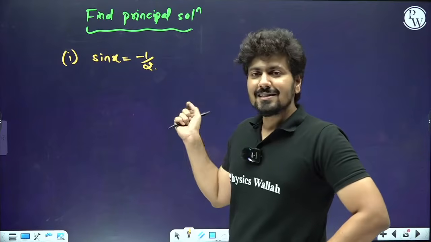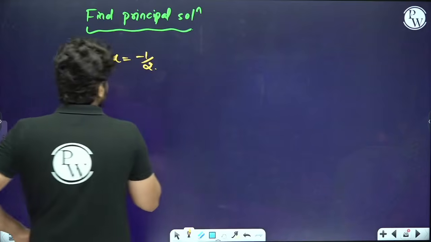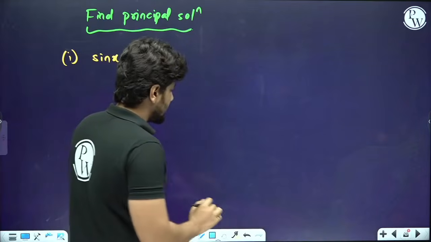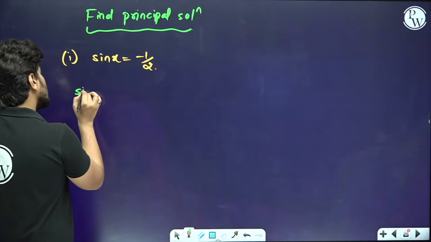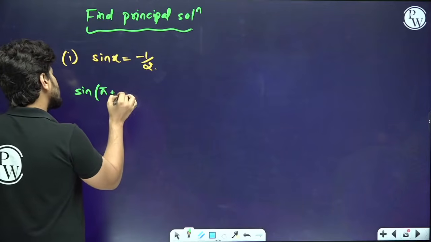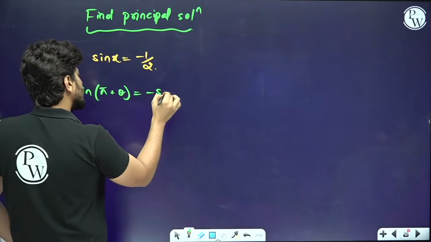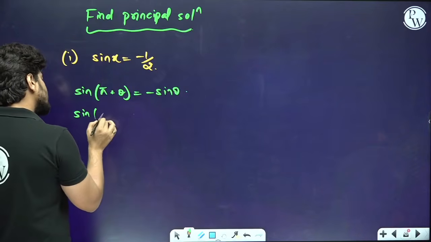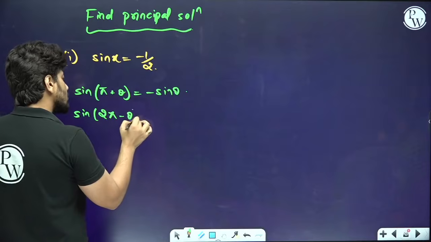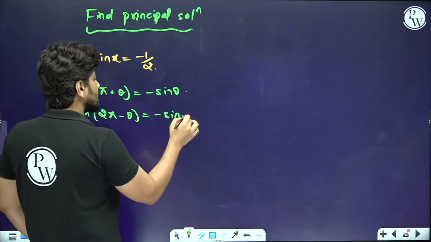So sin x is negative. We know that sine of pi plus theta is equal to minus sine theta, right? And sine of 2 pi minus theta is also equal to minus sine theta.